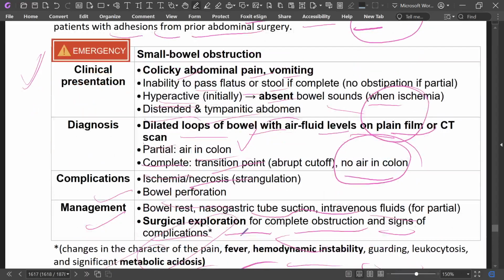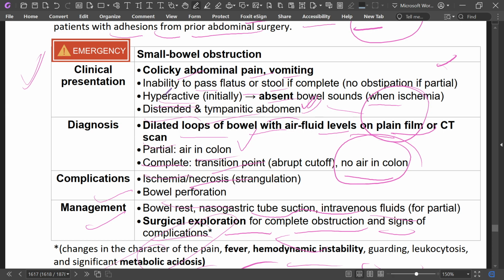Small bowel obstruction presents with colicky abdominal pain, vomiting, and inability to pass flatus or stool if complete. If partial, there is no obstipation. Bowel sounds are hyperactive initially and absent with ischemia, and the abdomen is distended and tympanic.